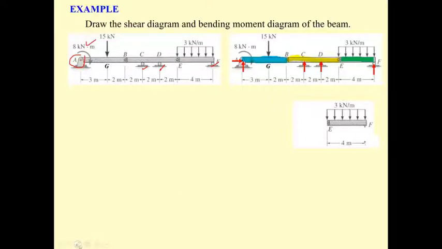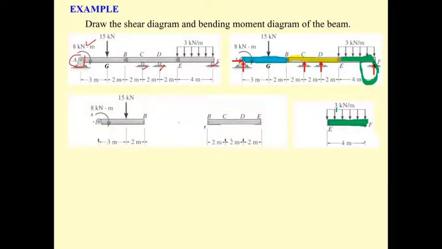So we start with the green. This portion of the beam has F as the point load, so we have the reaction here.